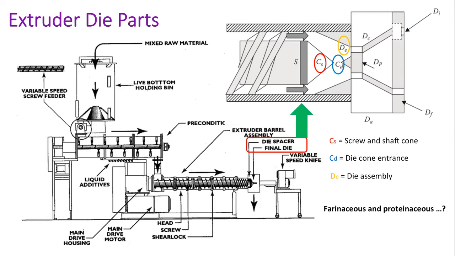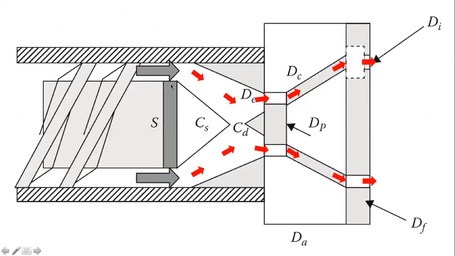So you have to search these two terms in books. You can use any material and come up with several examples. What are the farinaceous foods and what are the proteinaceous foods? Right. So I hope that you all get this point about extruder dies.